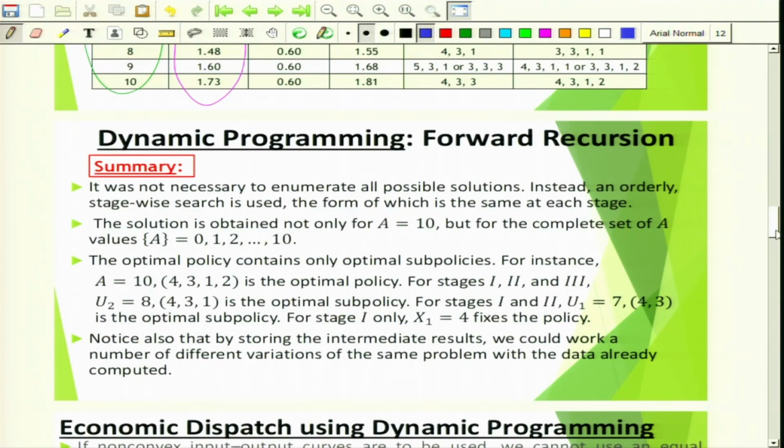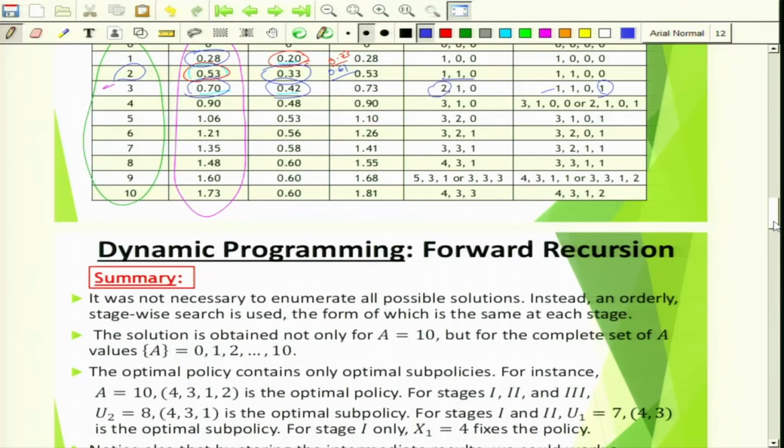The interest was only in 10, ultimately you wanted this combination 4, 3, 1, 2, but in a way you get at every stage the best combination for every possible investment across the different ventures X1, X2, X3 and X4. Why is this important?